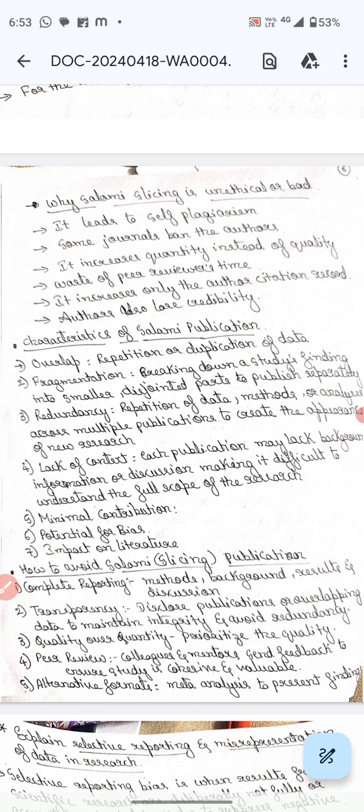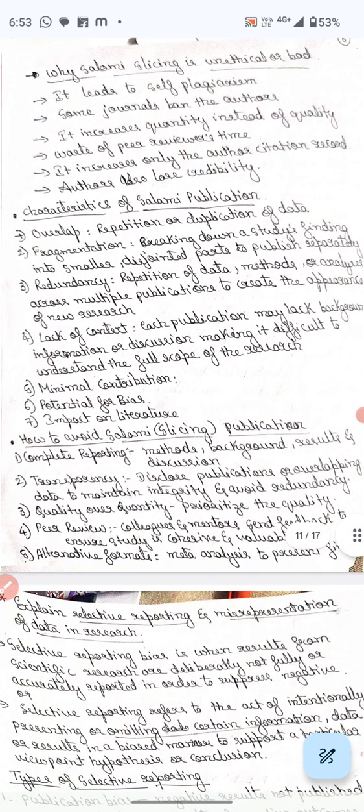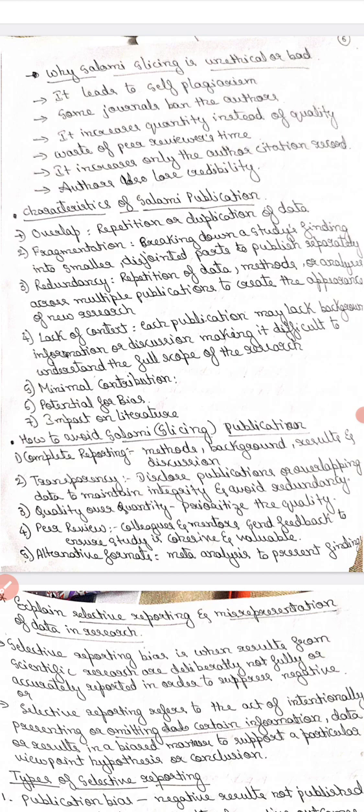Lack of context: each publication may lack background information or discussion, making it difficult to understand the full scope of the research. Minimal contribution, potential for bias, impact on literature. These are the characteristics of salami publication.